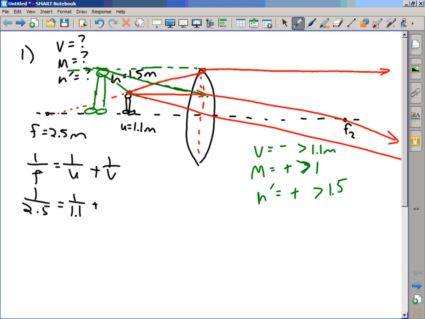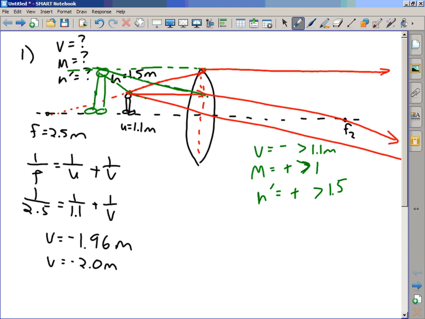If you made a math error, then please go back and check. v equals what? Negative 1.96. I need to round this to 2 sig figs, so what does it become? Negative 2.0. Please go back and double check if you made any math error there.